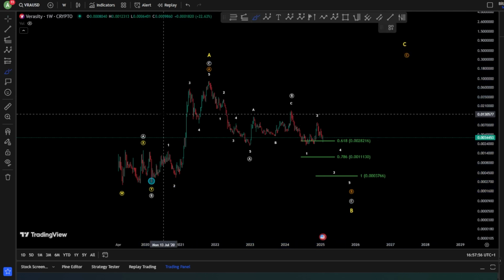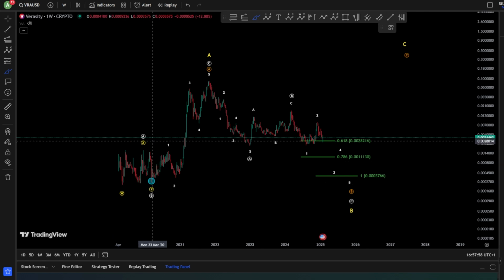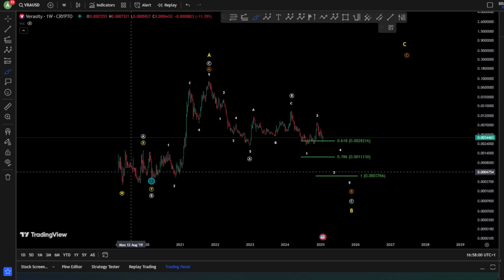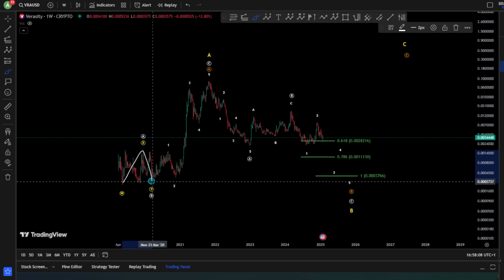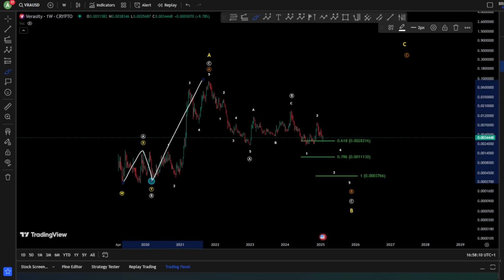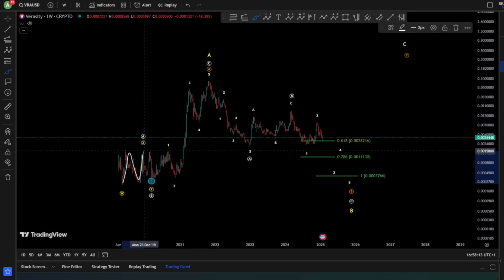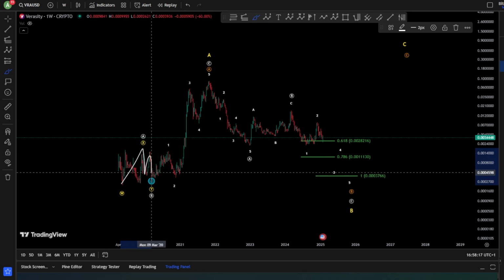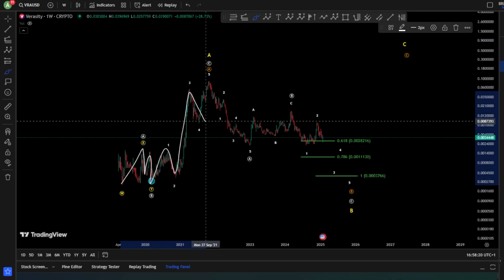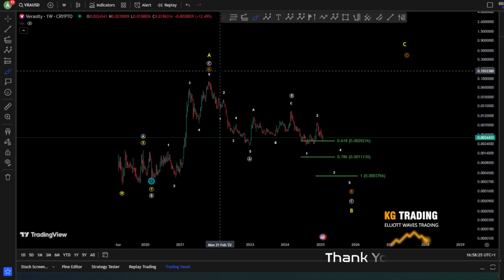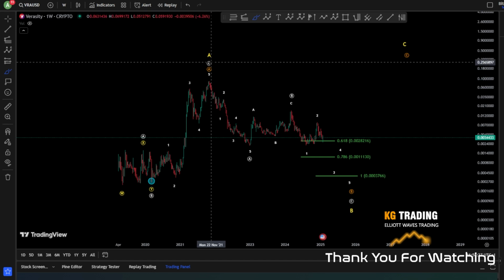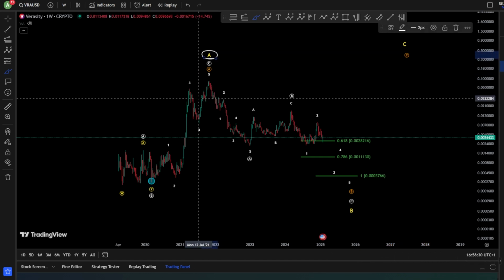Your second scenario is, let's take the whole thing that happens here, and this of course is going to be considered as well as a WXY probably, or an A, B, and a C if you want, like this, where A is 3 waves up, your wave B is 3 waves down, and then you got an impulse for your wave C. So finishing here your wave C in the white scenario, and you are looking, of course, at a big wave A then, the yellow scenario.